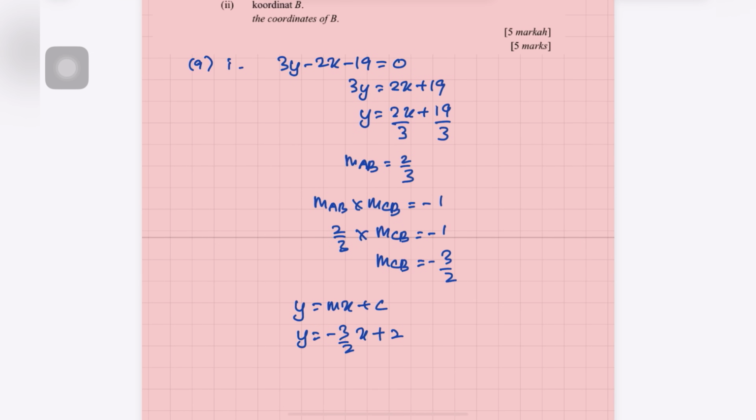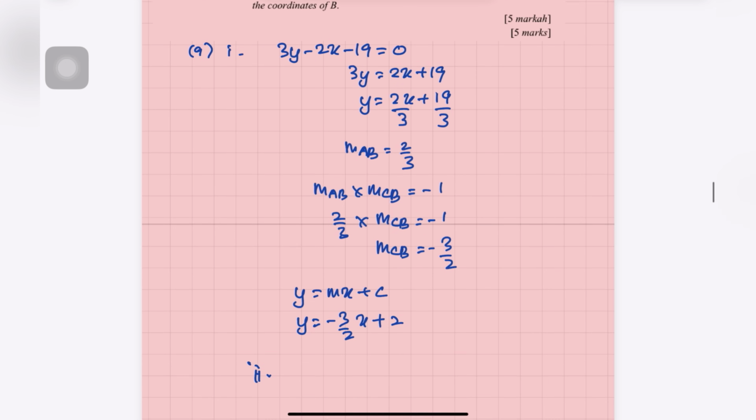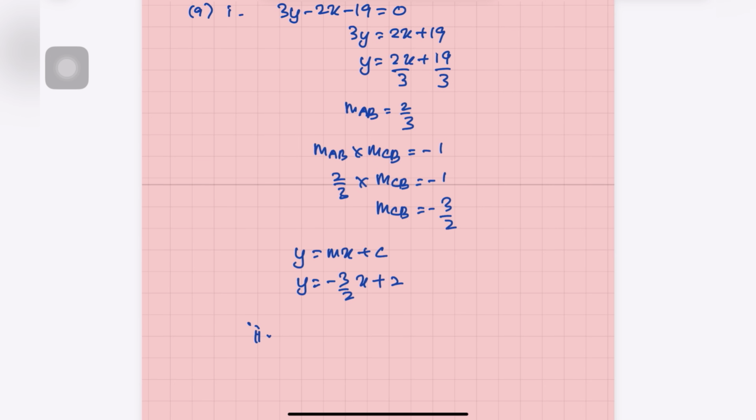Roman 2, find the coordinates of B. Okay, the coordinate of B is the intersection point of straight lines AB and CB. To find the intersection point, we can solve simultaneously, simultaneous equations. Just now we have the equation of AB as 3y minus 2x minus 19 equals 0.